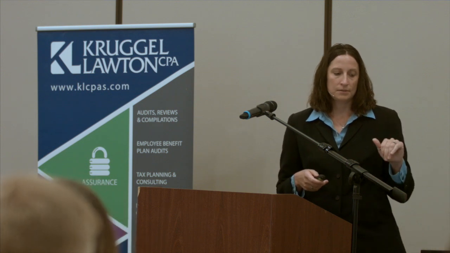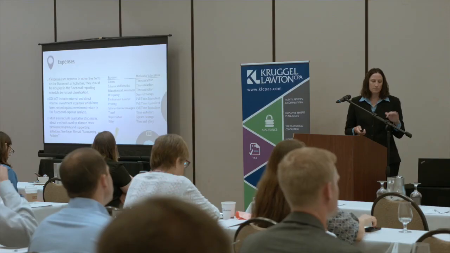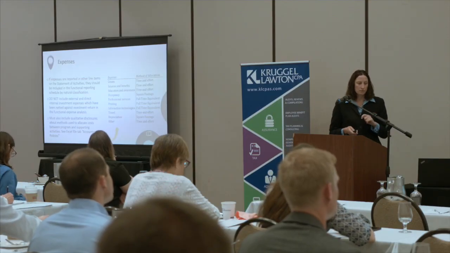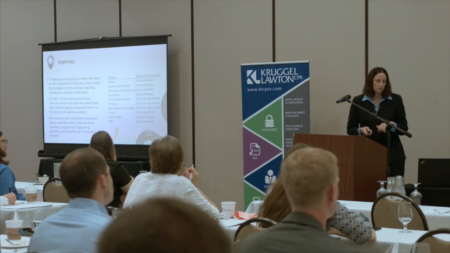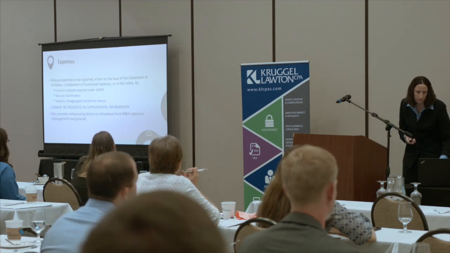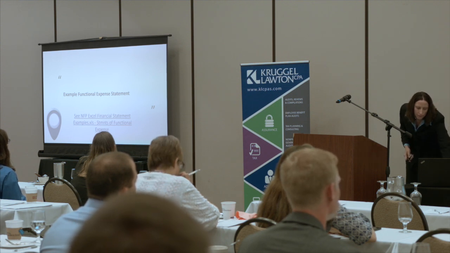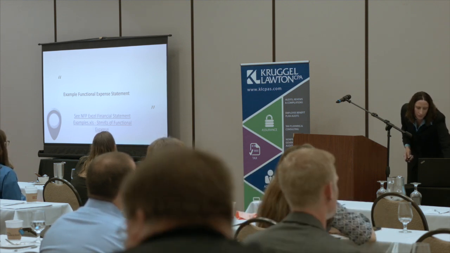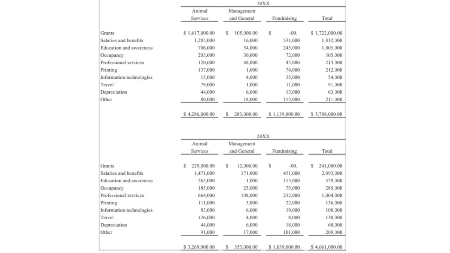So the presentation that we show here on this slide shows one option for something you might include in your footnote to describe how you've done that allocation, with expenses down one side and then the method of allocation down that other side. So we've got an example of the statement of functional expense here.